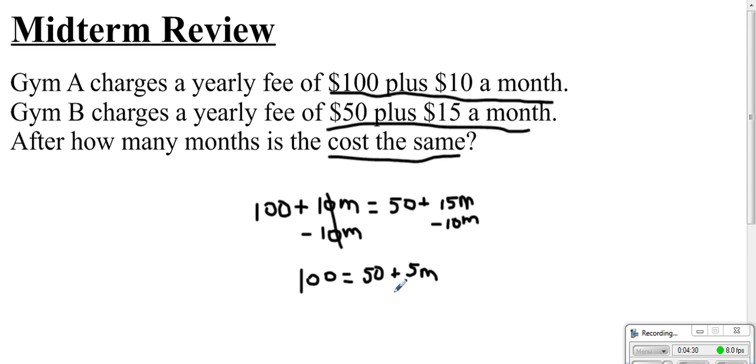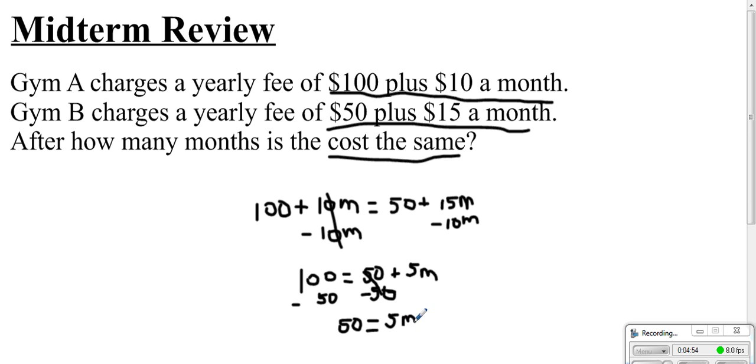This is a two-step equation, and this is a positive 50. You want to bring everything away from where the variable is. You're just subtracting 50 on both sides. This cancels. 50 comes down because it's 100 minus 50. An equal sign comes down, and the 5m comes down.